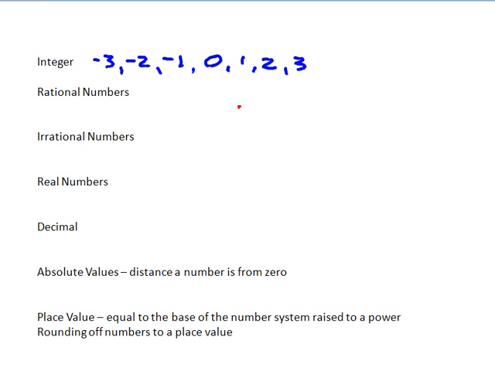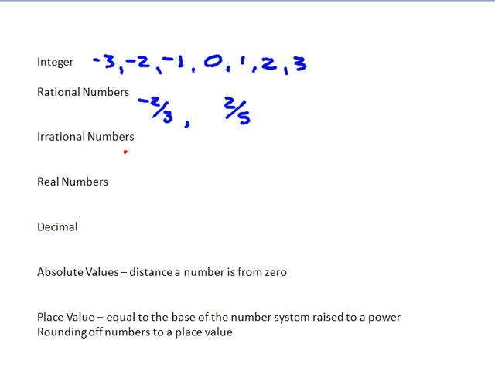That is an integer. A rational number is the division of one integer over another. Again, they can be negative, such as -2/3, or they can be positive, such as 2/5. This is a rational number.